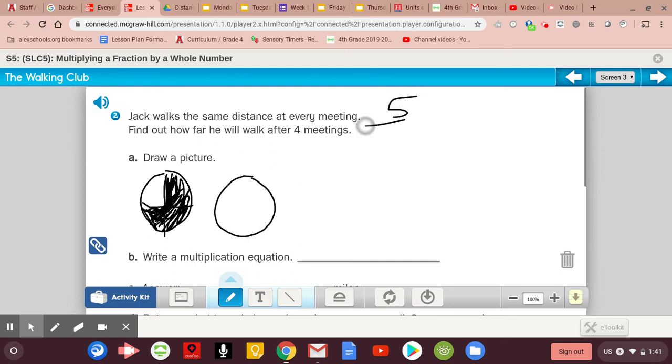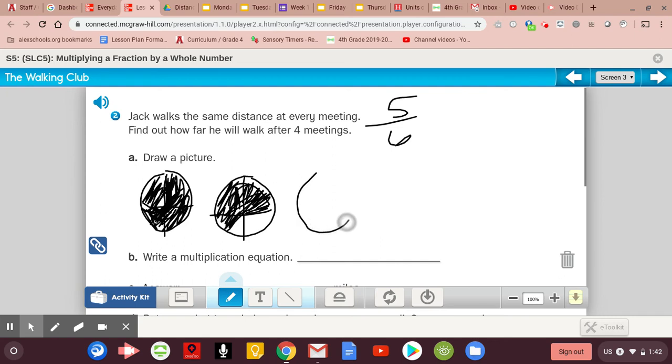I'm going to write 5/6 up here so I remember. 5/6. So I'm going to make this into 6 again. And then we need to color in 5. 1, 2, 3, 4, 5. Very good.